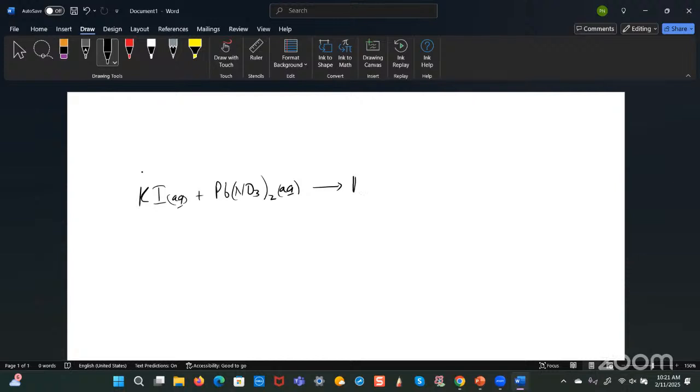Now, one of the products is, as I said before, lead(II) iodide, and the other product is potassium nitrate, aqueous, right? And to balance this, and again, let me emphasize that the equation that you start off with must be a balanced equation, right? So that will become important as you're going to see when we get from the molecular equation, which is what this is. Again, this is a bit of a misnomer. Molecular equation, right?